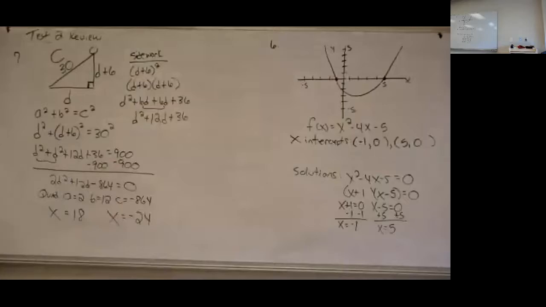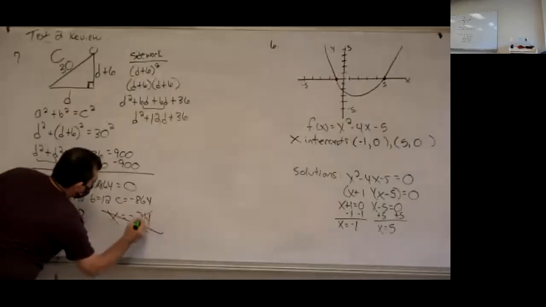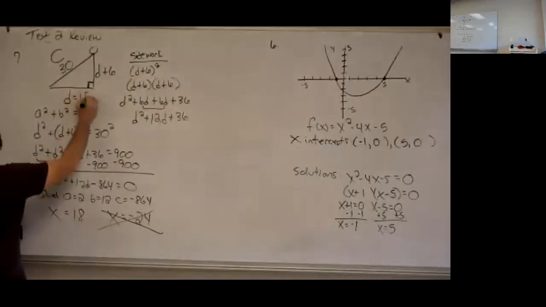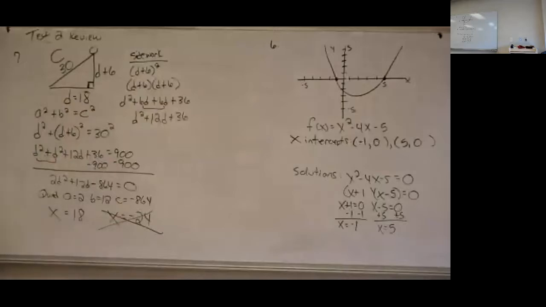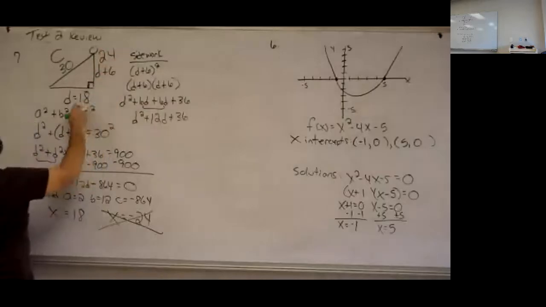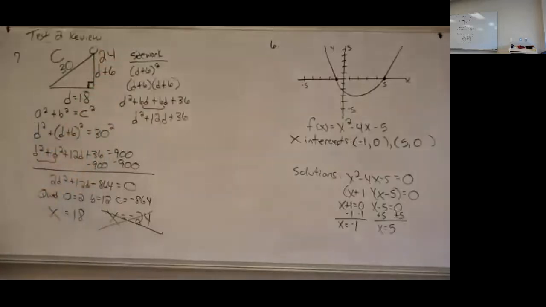Like I said, I cannot keep that negative answer because we're dealing with a distance type problem, which means D is going to equal 18. So if D is 18, or the distance from the tower to the wire, then for my tower, we take the 18 plus 6, got my 24, and then we're done. Okay?